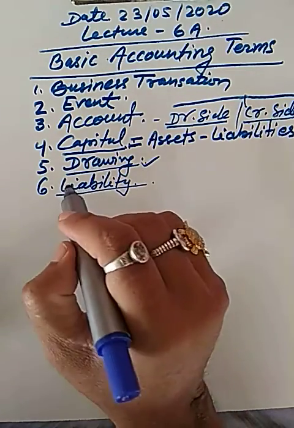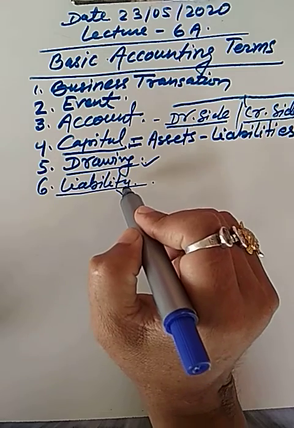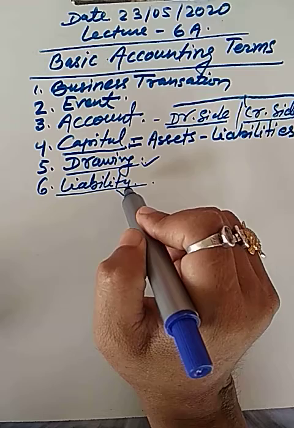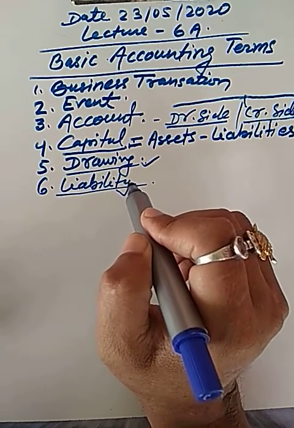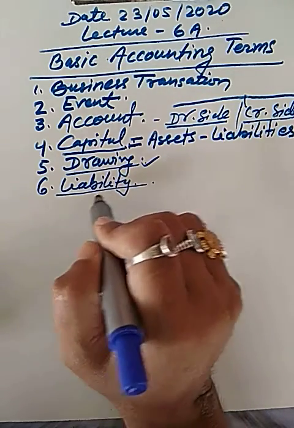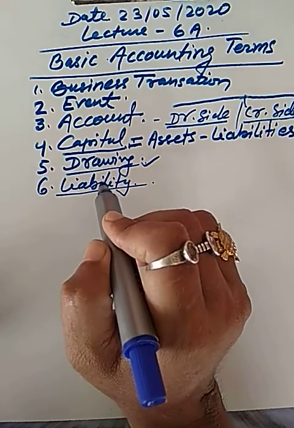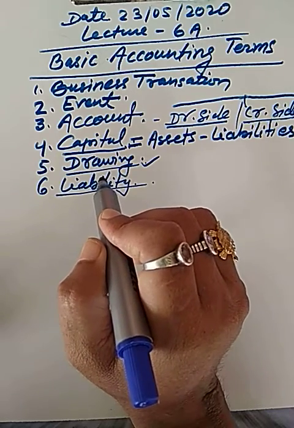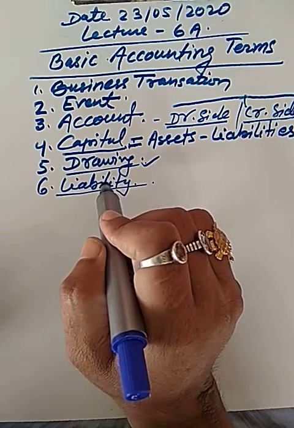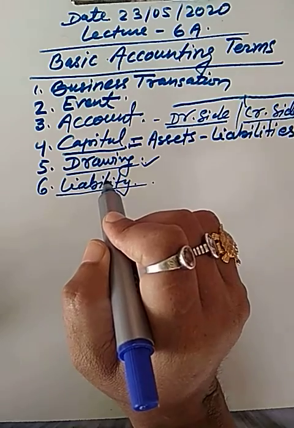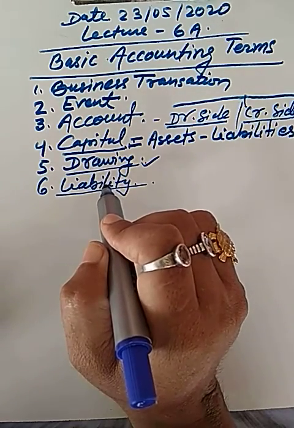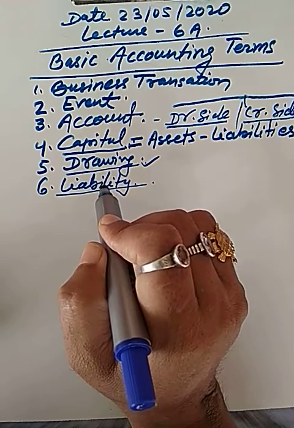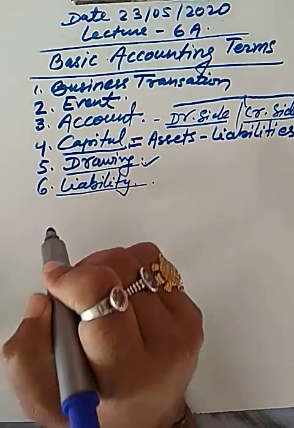Thus, when a firm purchases goods on credit from A, the amount owing to A is a liability. When we have to pay a bank loan to the bank, these are liabilities. When any amount is payable to any person, it will be our liability.